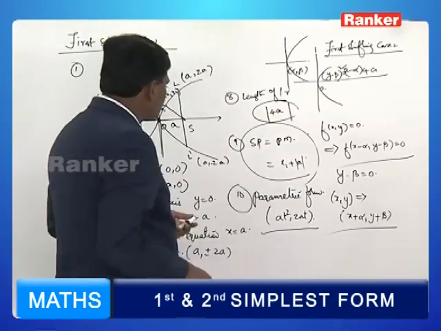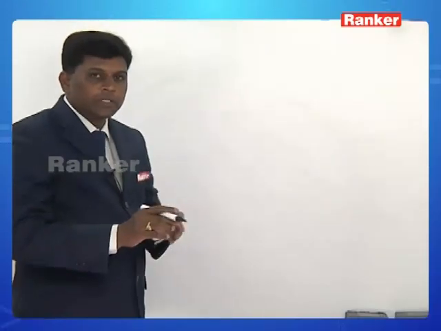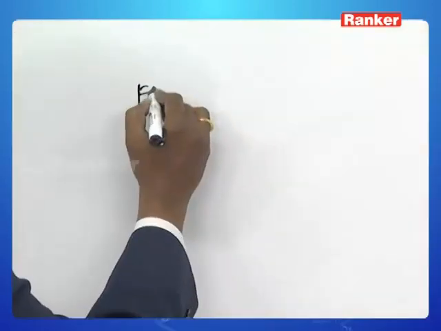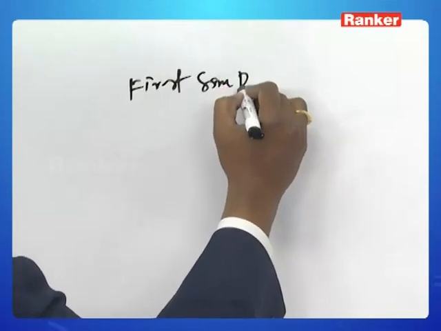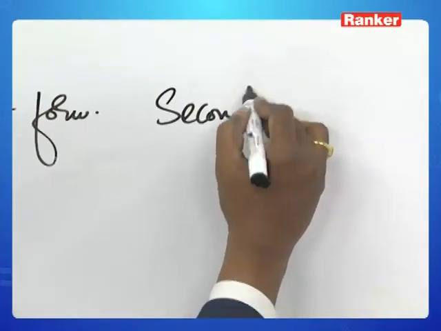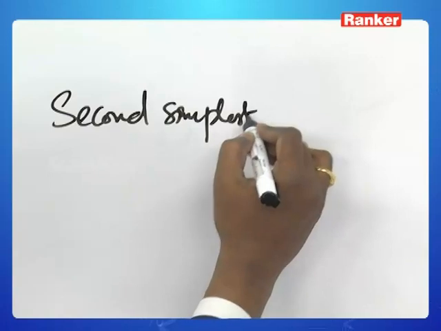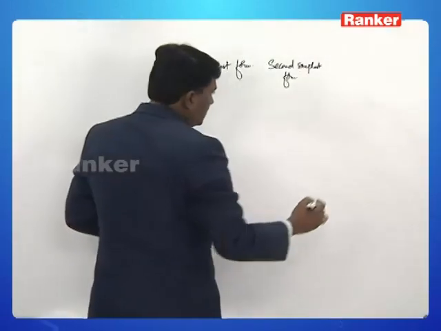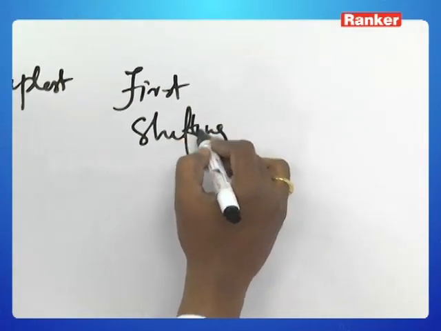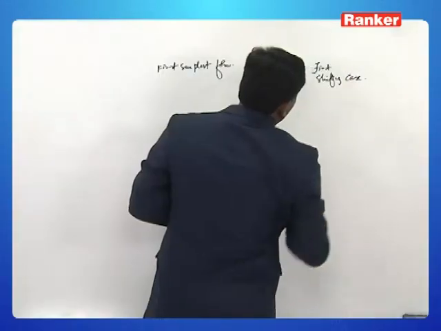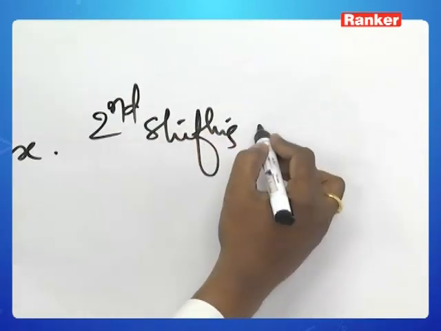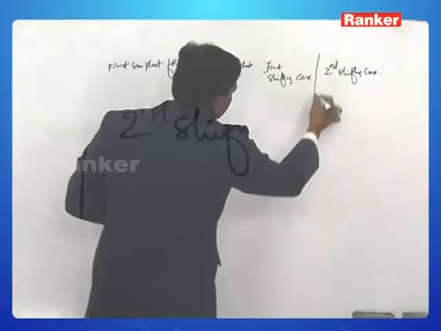For example, if you analyze some general points, if we tabulate all these transformations together in one: first simplest form, second simplest form, first shifting case, and finally second shifting case.